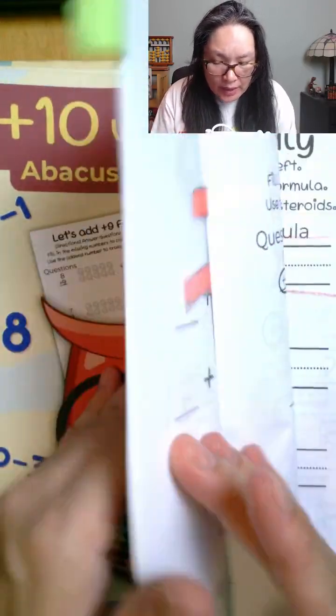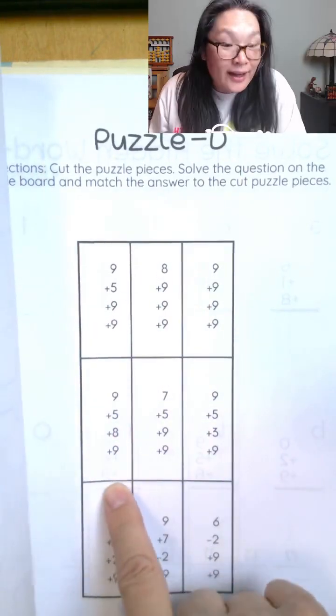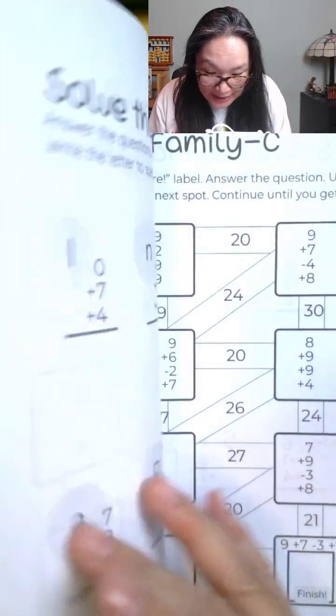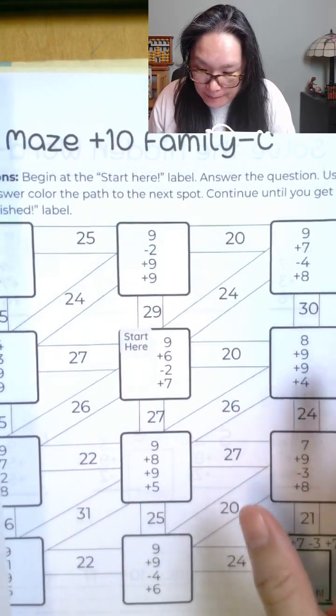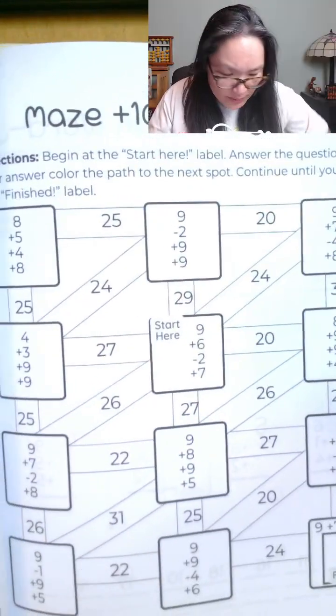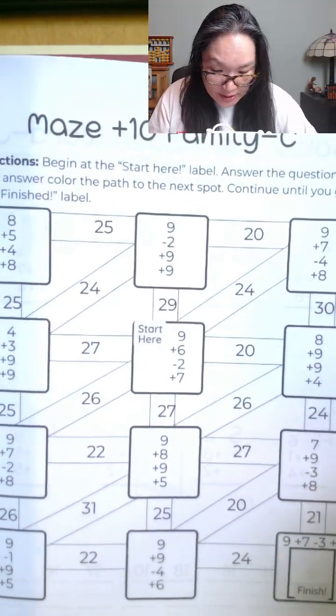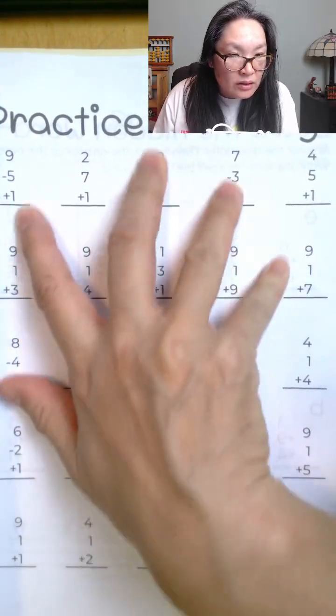I'm just not sure how I would set it up. I don't know if adults would appreciate the puzzles. I like the mazes, I think that's kind of cool. I don't know about a hidden word, but I might do more mazes, because doing this gets really boring. You know what I mean?